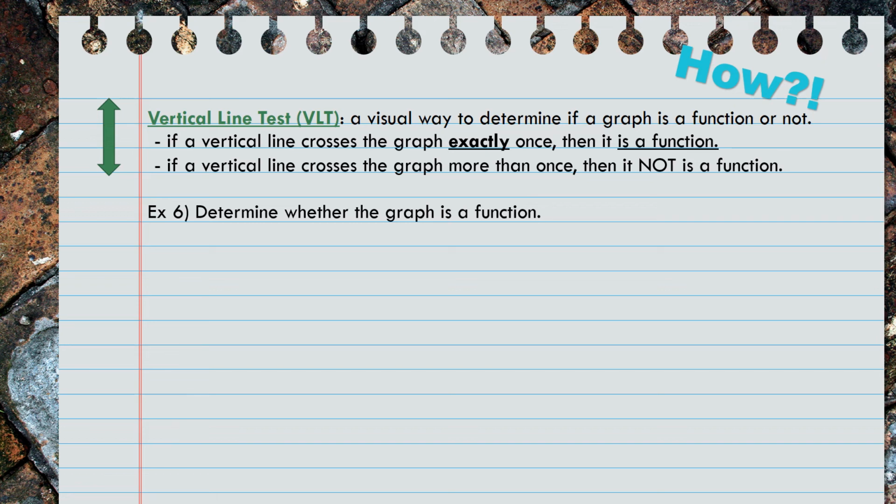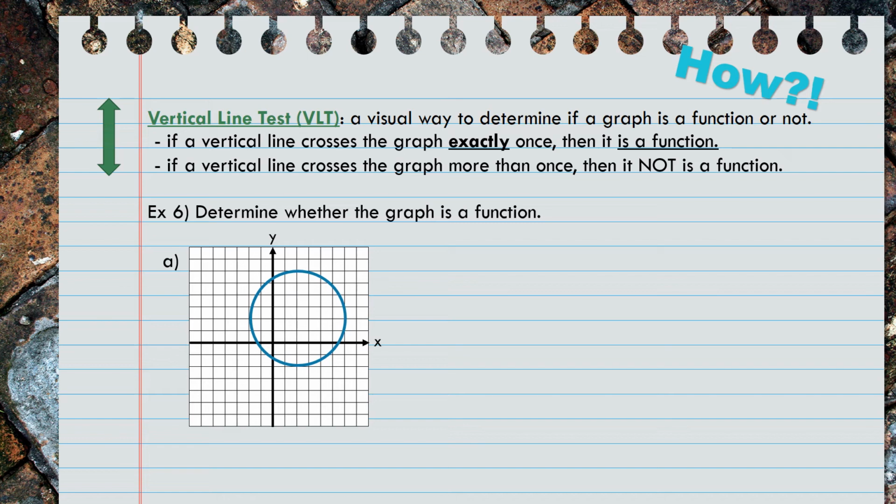Now, example 6 says, determine whether the graph is a function. For A, we have the given graph. Since we are determining whether this is a function or not, we will apply the vertical line test, which means you may put a vertical line anywhere on the graph that you want. I'm choosing to put my vertical line here. Now that I've placed the vertical line, we investigate and see how many times it crosses the given graph.